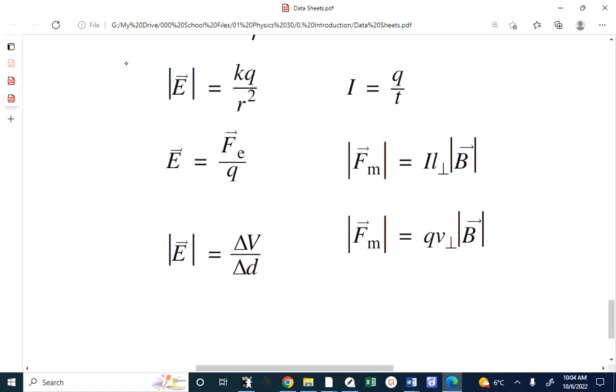And what I'm telling you is that if the field is towards the sky and the particle is moving towards the sky, there will be no magnetic force, because none of that upward velocity towards the sky is perpendicular to that field.